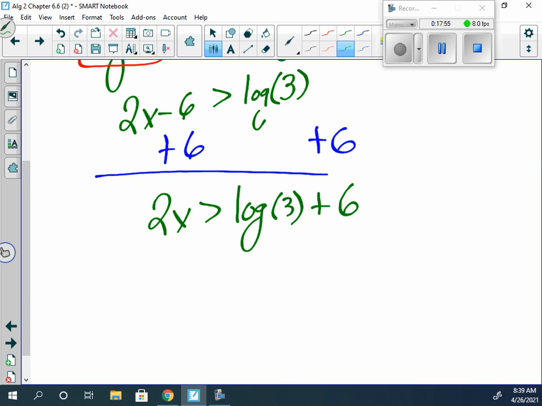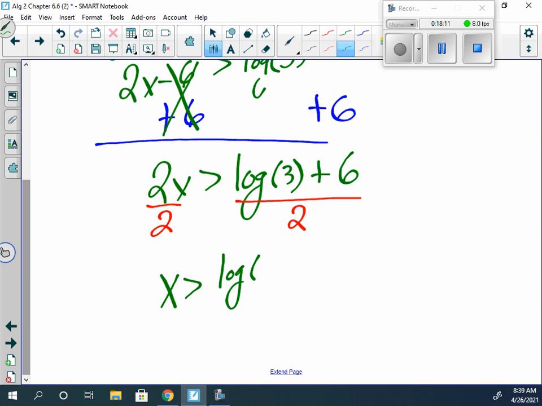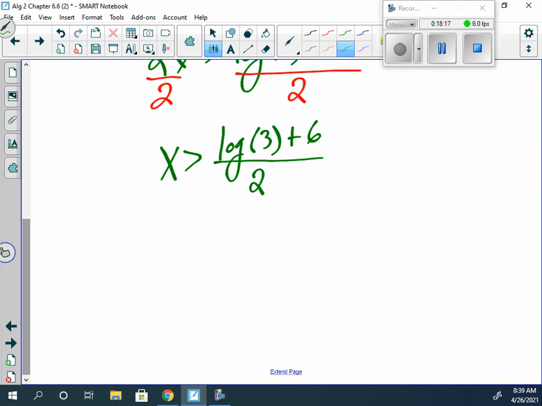We would add 6 first, and then we would divide both sides by 2. Which would tell me that x is greater than log of 3 plus 6, divided by 2.